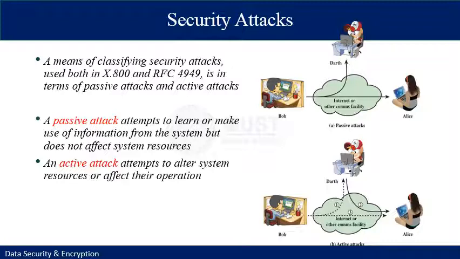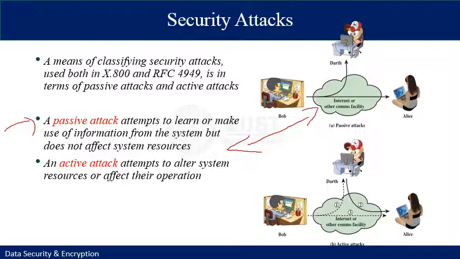So number one is passive attack. A passive attack attempts to learn or make use of information from the system but does not affect the system resources. That means if you listen to the communication of two parties, and you do not change any of the information, or you do not intercept the communication, that will lie in this category.